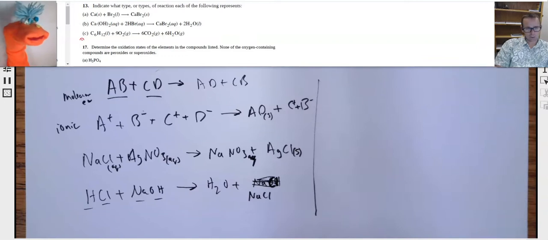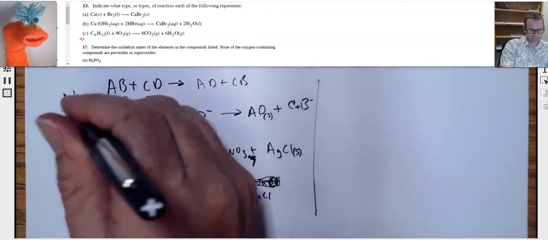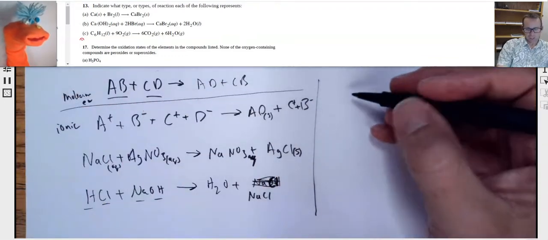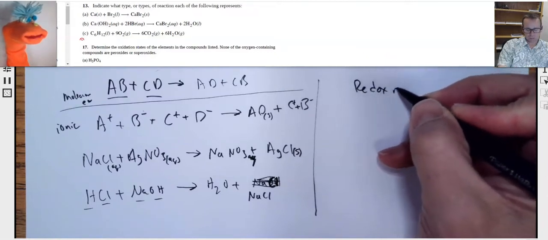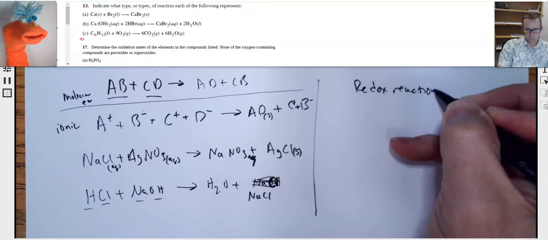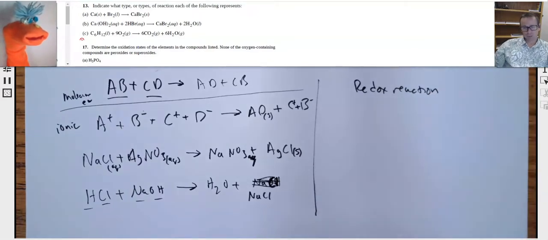All right, so it follows that same pattern. The other kind of reaction is what we call a redox reaction. You identify the redox reaction by looking at the oxidation number of the different elements within the reactant or product.